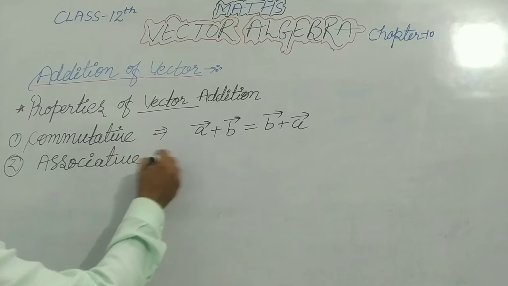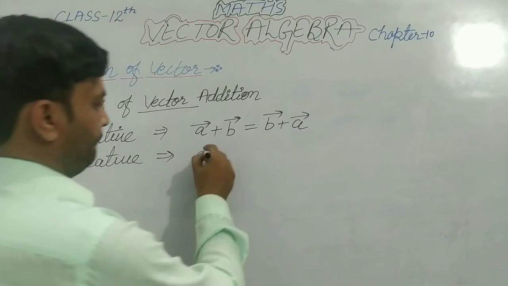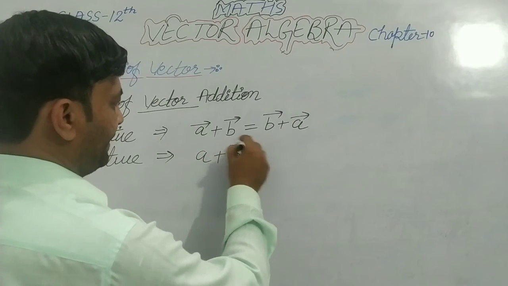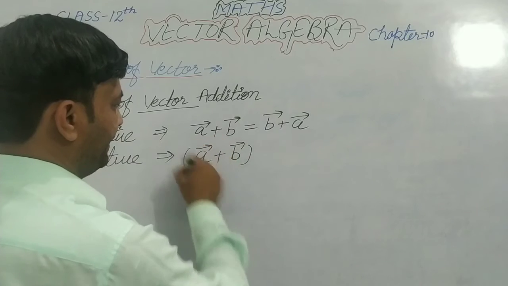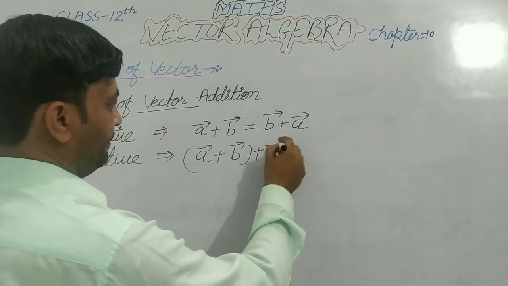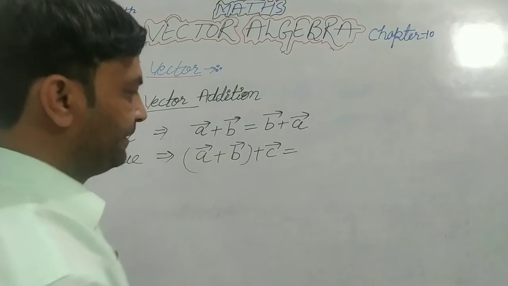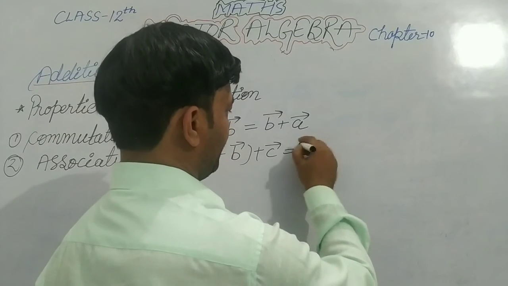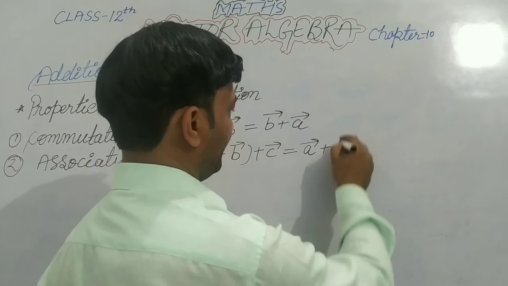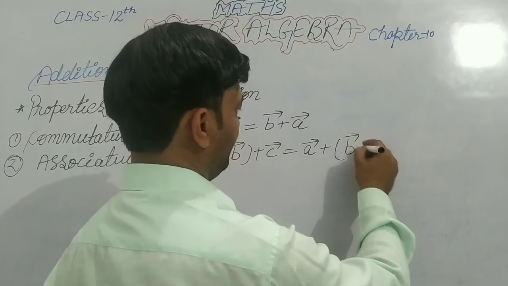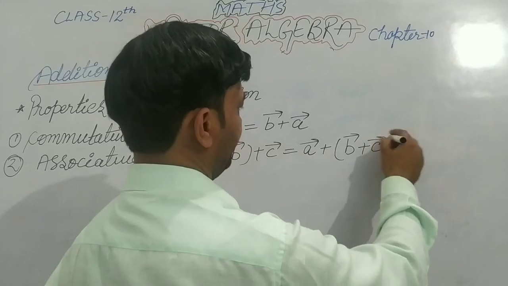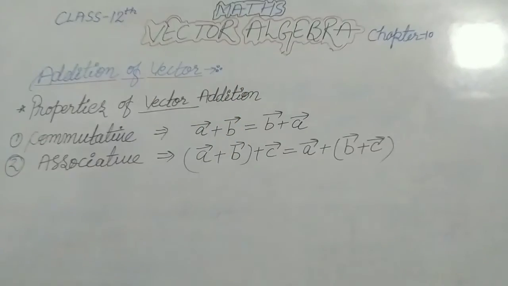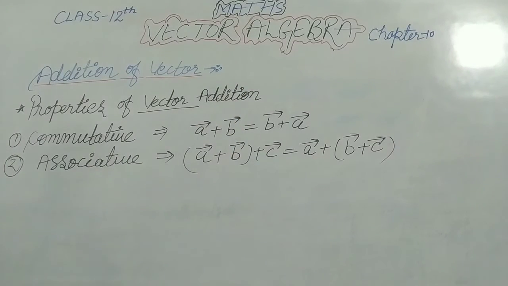In associative, if we take two vectors inside a bracket and C outside the bracket, then similarly on the RHS we take A outside the bracket and vector B and vector C inside the bracket. So it is the associative property.